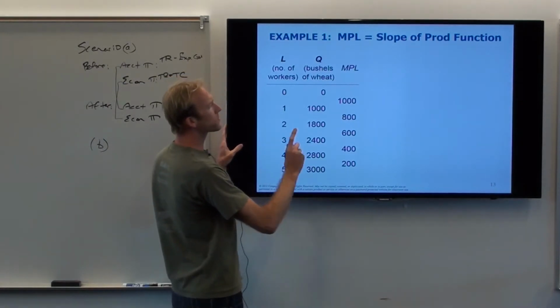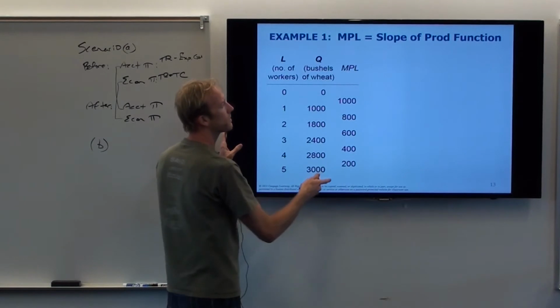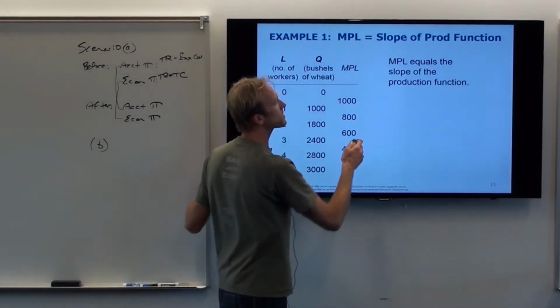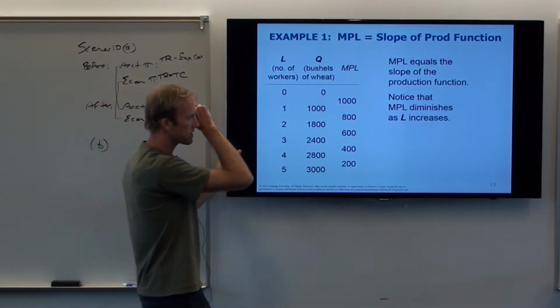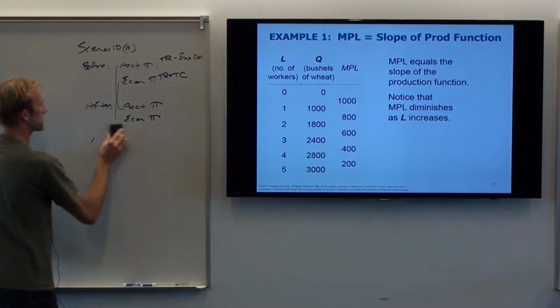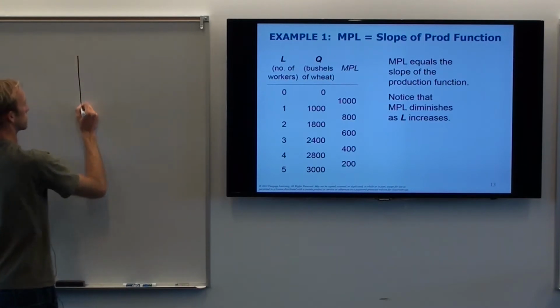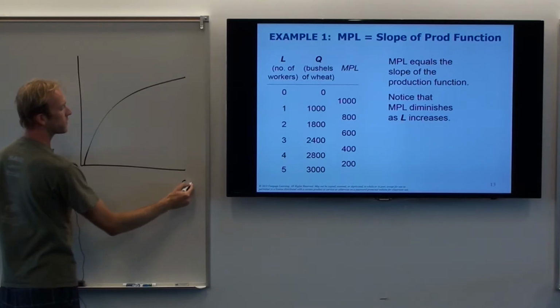So let's go ahead and look at the production function again, and this time keep track of the marginal product of labor. The marginal product of labor equals the slope of the production function. I'm going to draw it out to help you realize it. Remember the production function?